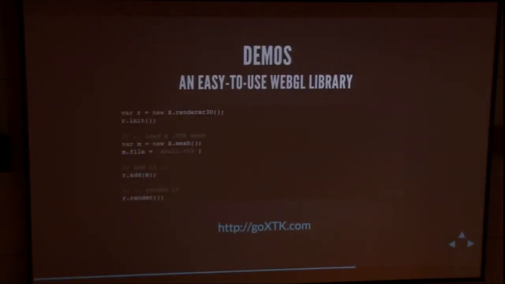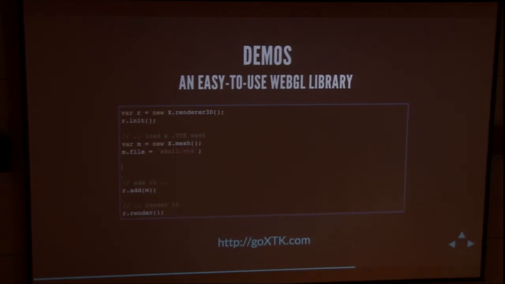I don't know if you guys like coding, but most of the examples I showed with WebGL are based on a WebGL library we developed. It's called XDK, and it's very easy to use. Those are 6 lines of code, and they would show a full-page rendering of a VTK file. Just 6 lines of JavaScript, and you could add another one.